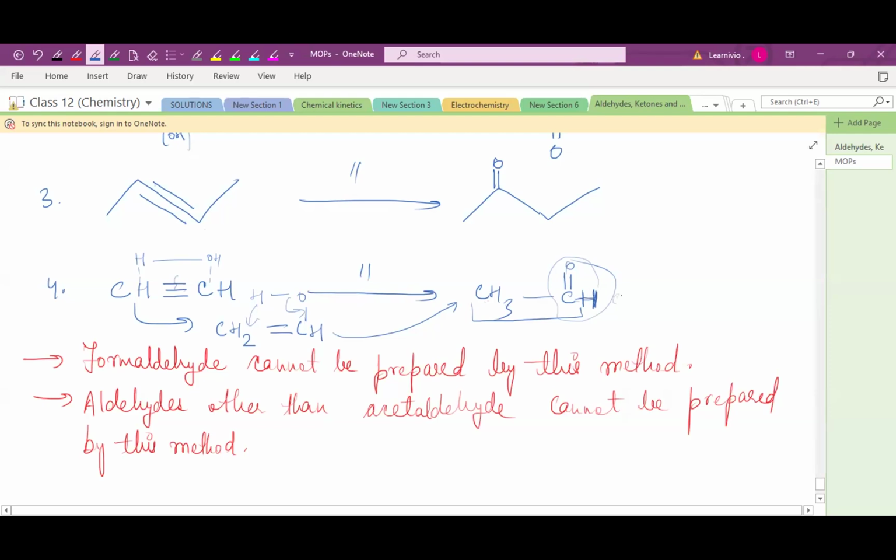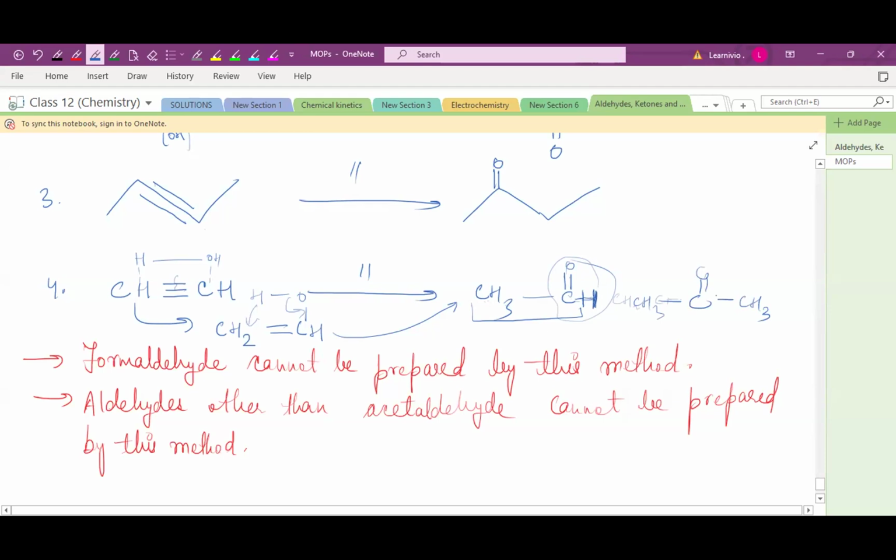On this side it would be CH2 and the other side CH. If instead of this hydrogen there is CH3, and on the other side instead of hydrogen you attach another carbon group, it becomes a ketone. So it will no longer be an aldehyde.